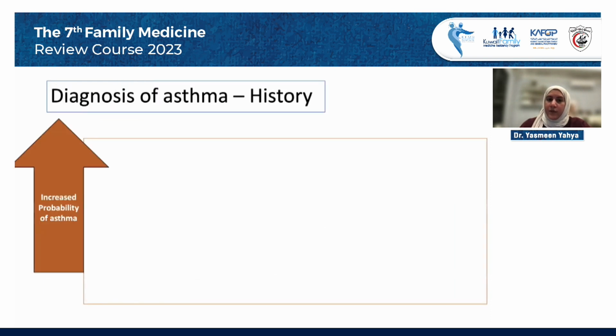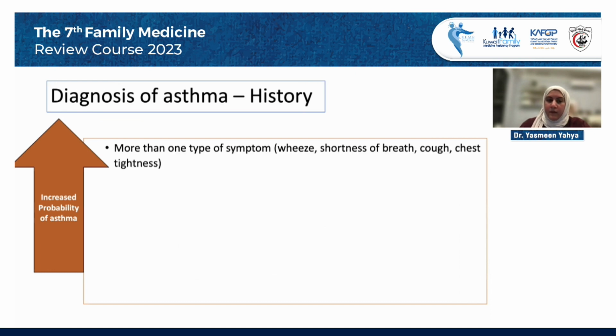So in the history, you need to collect all the evidence that supports or increases the probability of asthma. The things that increase the probability of asthma: if your patient has more than one type of symptom, for example wheeze, shortness of breath, cough, chest tightness.